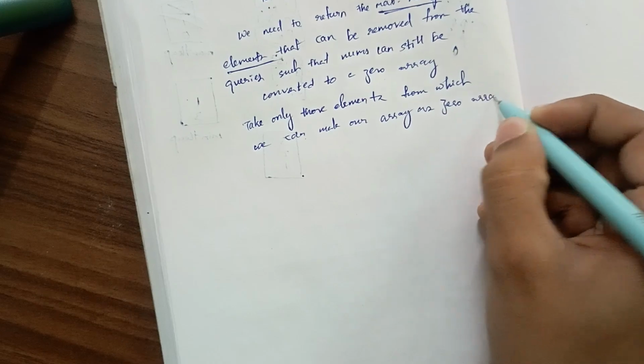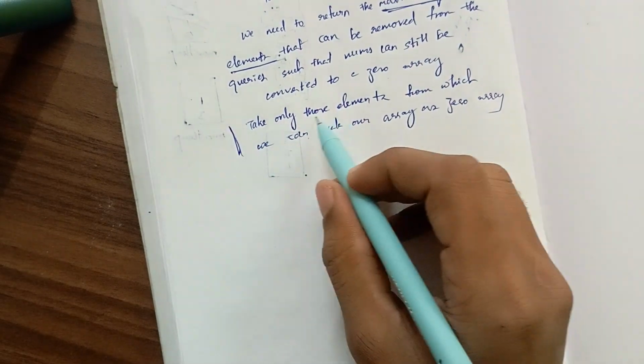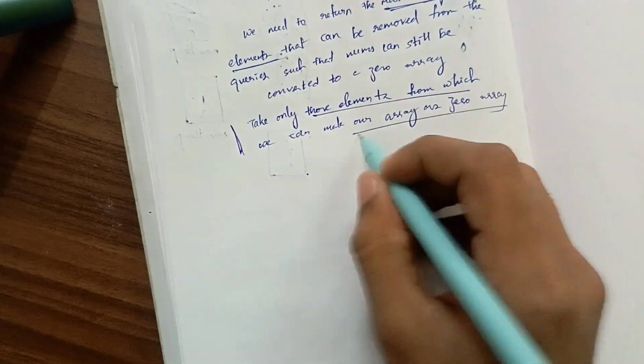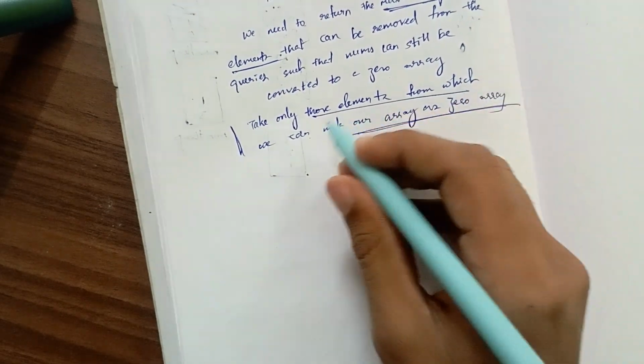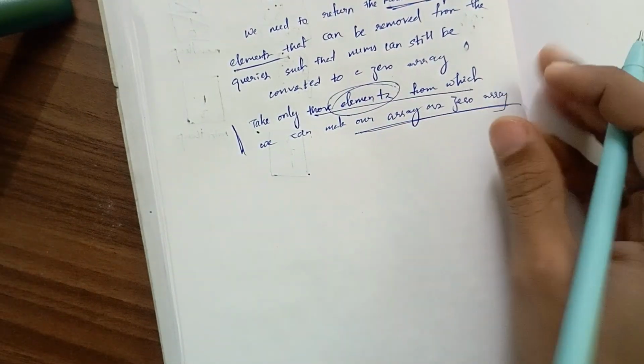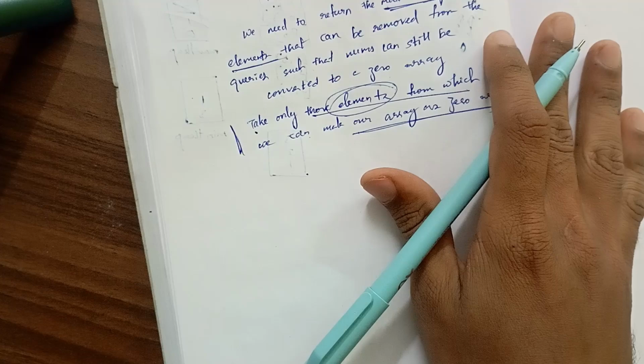Taking only those elements from the queries will be better, and removing the rest from the query size will give us the answer.